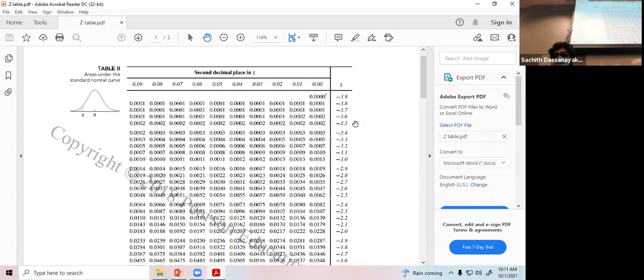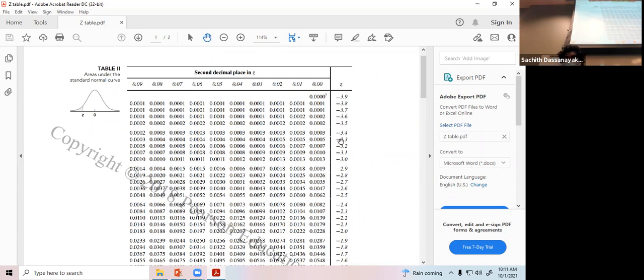So you can see negative 3.4 you can find here. You can see my cursor right here, but I need negative 3.41, so the second decimal is missing, right? We have only 3.4. That second decimal you can find using this row or these columns.